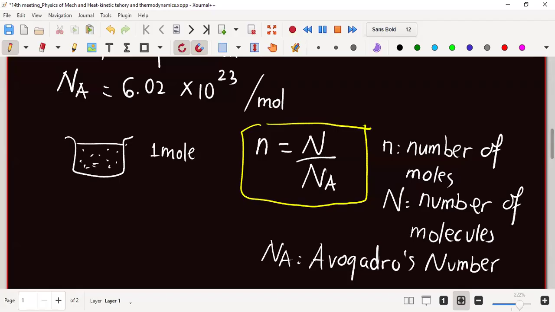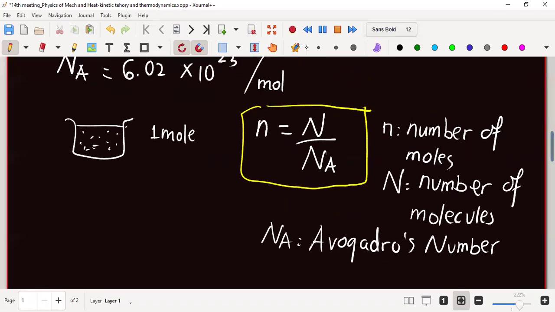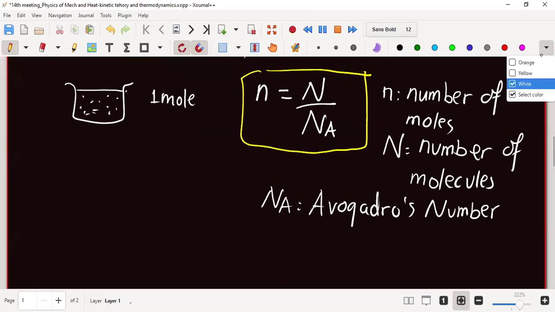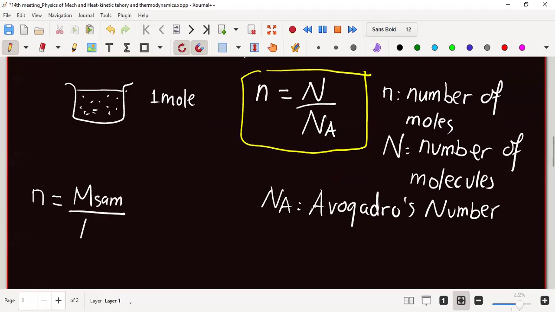And if we want to measure the mole, besides this equation, we can also use this formula. n is equal to the mass of the sample divided by Mr. Mr is the molar mass, or the mass of one mole.